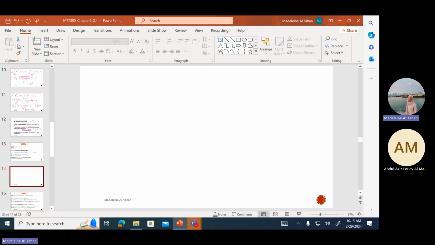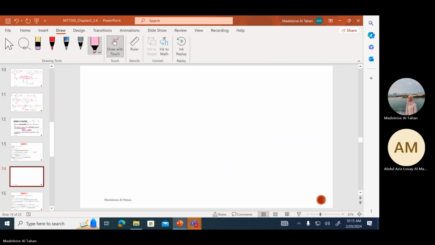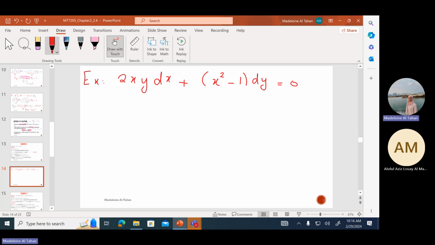Let's try one equation. What's our M? First of all, I need from each of you to determine M and N. What's M? 2xy. And what's N?